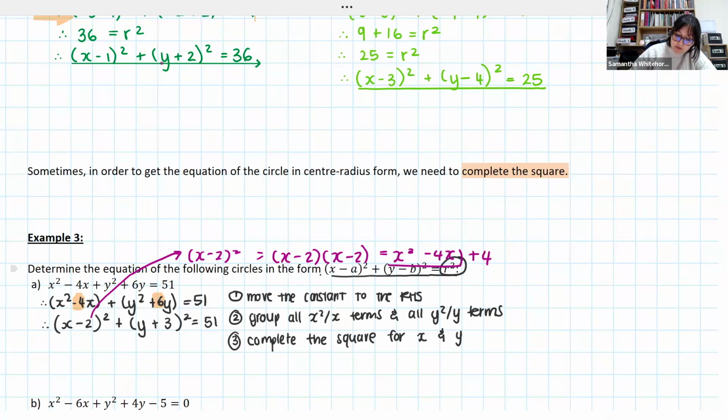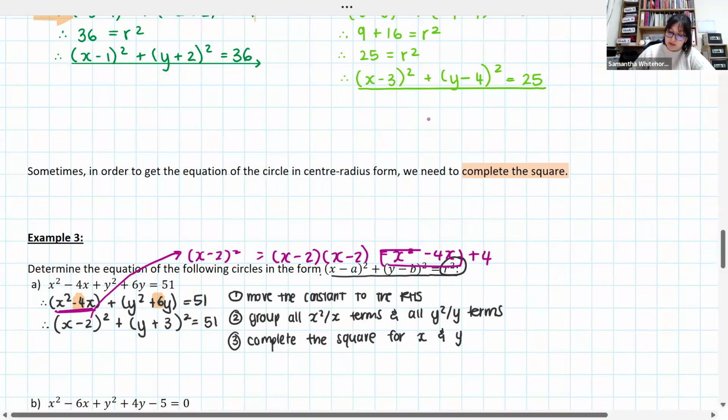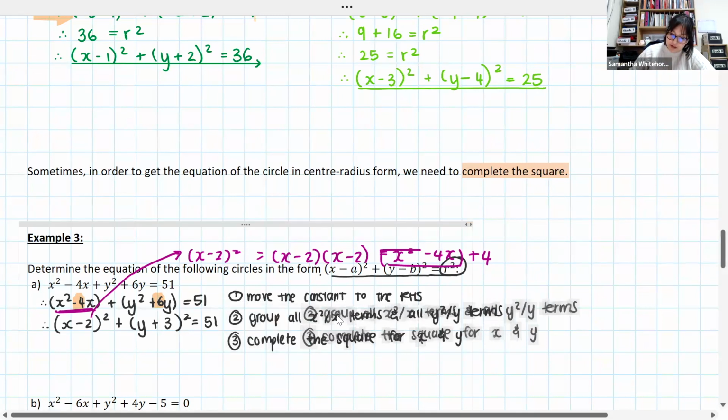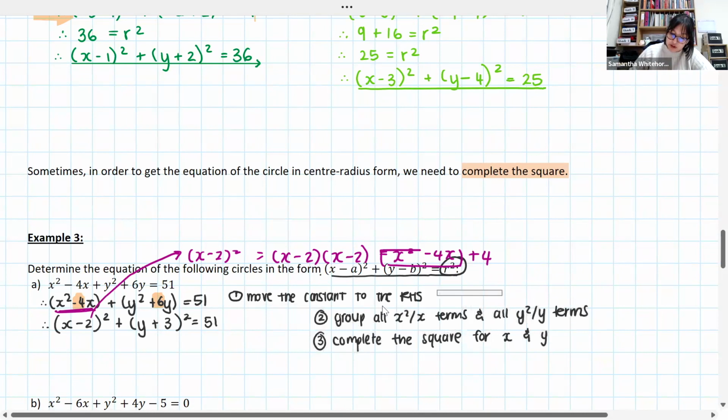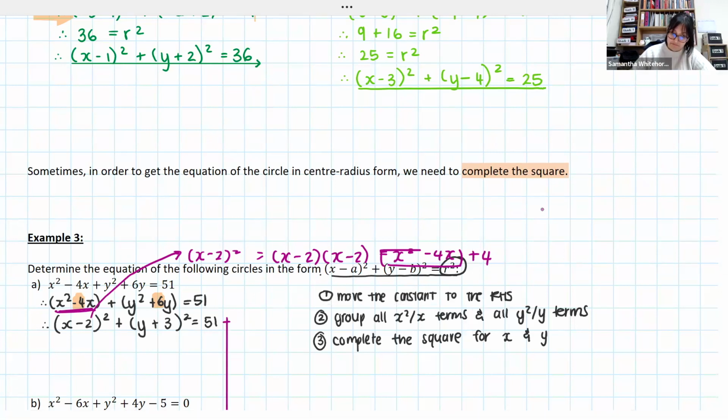The x squared minus 4x is what you had in your original bracket, but now all of a sudden you've added 4. So all you now do on the right-hand side, because you added 4 on the left, you add 4 on the right.